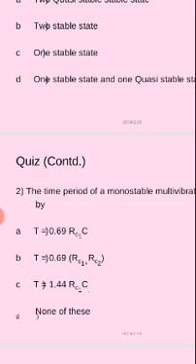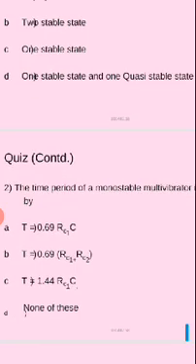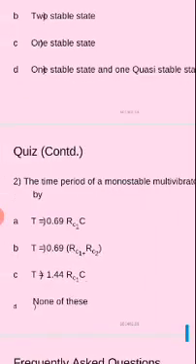Second one. The time period of a monostable multivibrator is given by: T equal to 0.69 RC, T equal to 0.69 (RC1 plus RC2), T equal to 1.44 RC1C, or none of these.